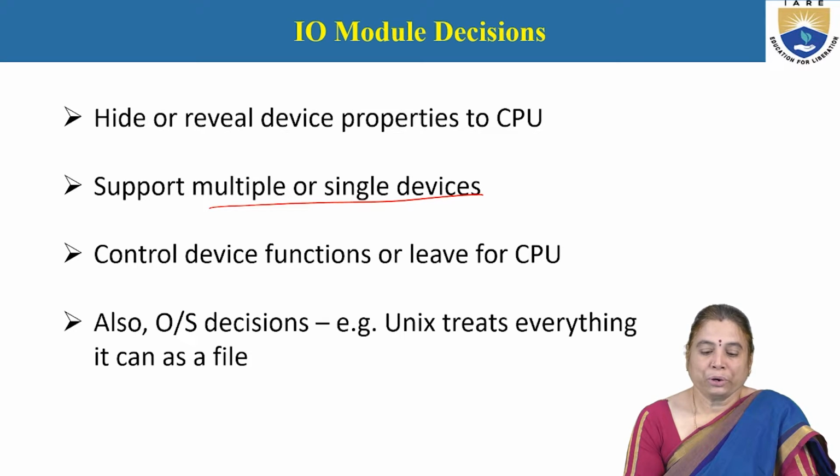The next I/O module decision is whether control device functions are left for the CPU. Here the status and control flags have to be set and reset according to the status of the I/O module. Also there are operating system decisions. For example, the Linux or Unix operating system considers the peripheral devices as files. So what the operating system's treatment of the peripheral devices is has to be considered during the I/O module data transfer.